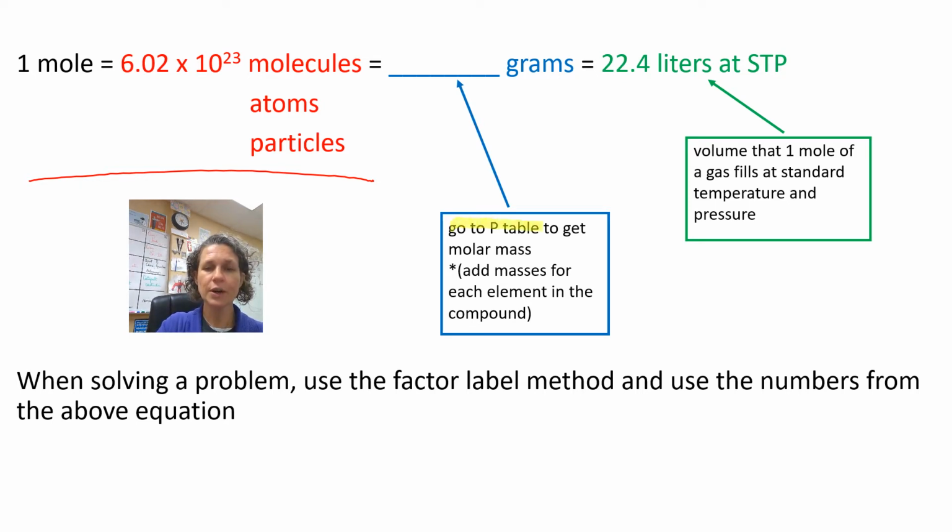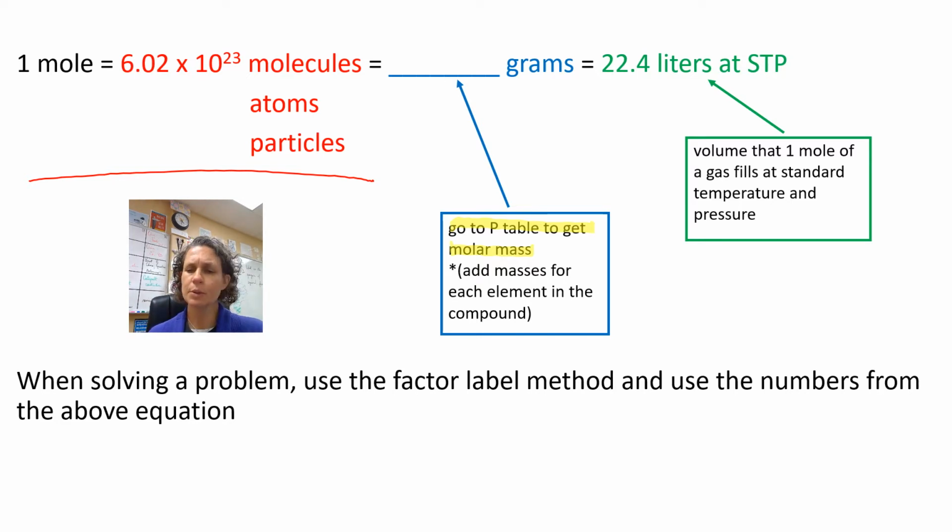So right here, go to the periodic table to get molar mass. The reason that that is a blank is because it's going to be different for every element. So if you know the molar mass, then you can do a mole to gram conversion or vice versa.